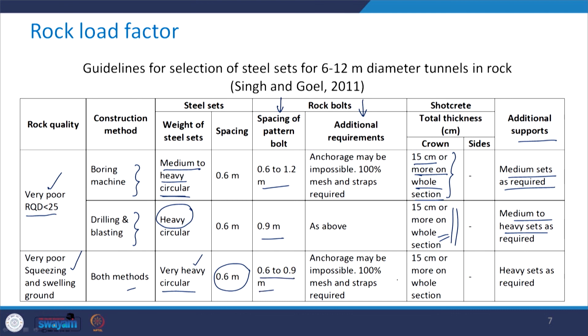Then in these cases anchorage may be just impossible. So 100% mesh and straps are going to be needed. As far as the shotcreting is concerned, 15 centimeter or more on the complete section, along with the heavy sets, is needed.